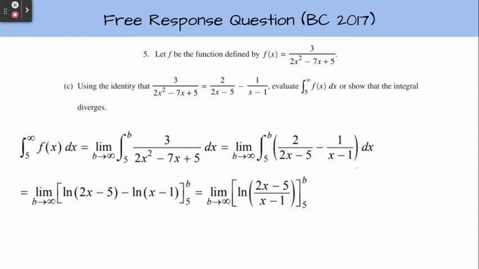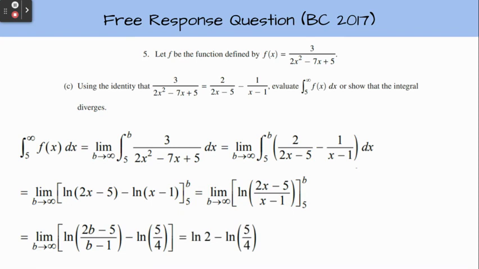So you see here, we just put natural log of 2x minus 5 all over x minus 1. And then now you plug in the b and the 5, so still have the limit in front as b approaches infinity, and then you have natural log of 2b minus 5 over b minus 1, minus the natural log when you plug 5 in, so 2 times 5 is 10 minus 5, you get 5 on top, and then 5 minus 1 is 4 on the bottom.